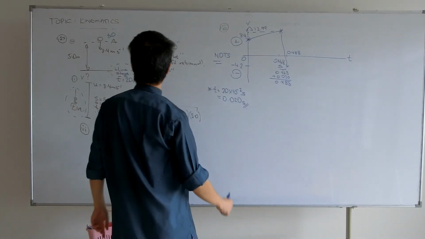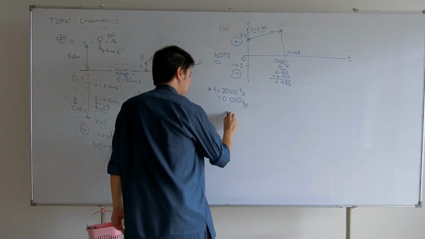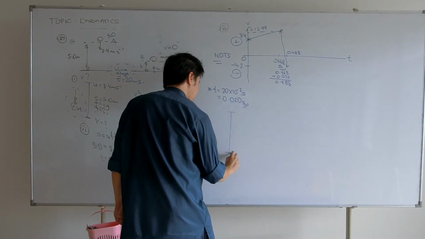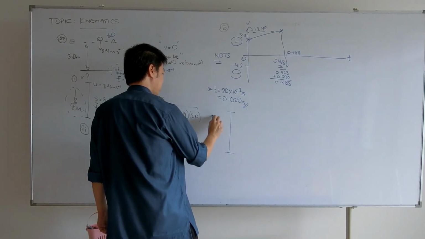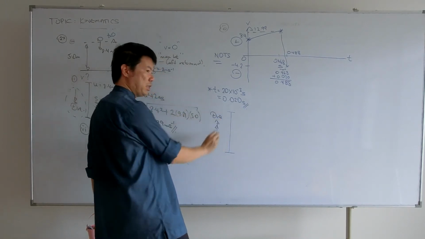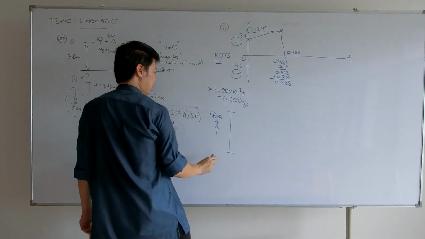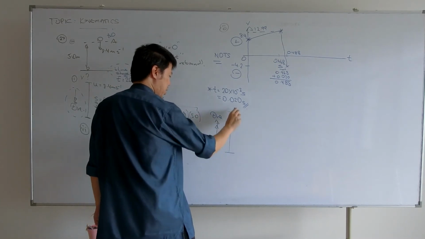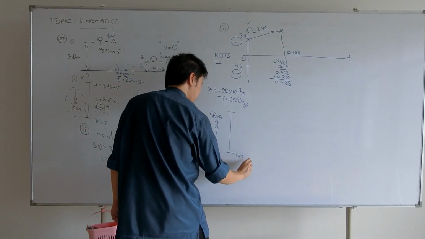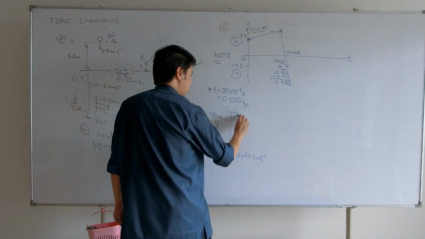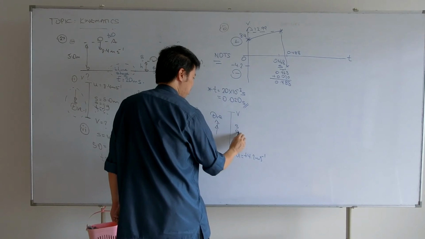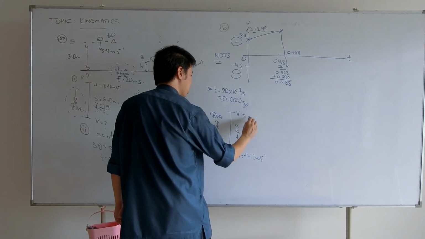Let's draw another SUVAT line. In this case, rebound is this direction. Let's take this to be positive. Remember, this is your choice, so don't worry. As long as the values here are correct, you start at positive 4.2 meters per second. u, v, SUVAT in between, v is equal to 0.